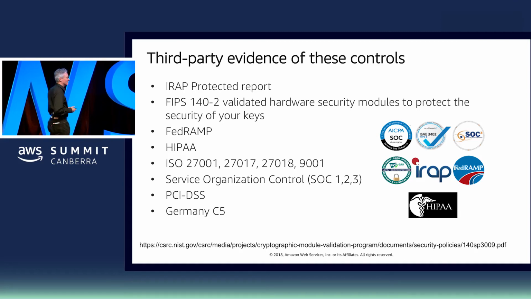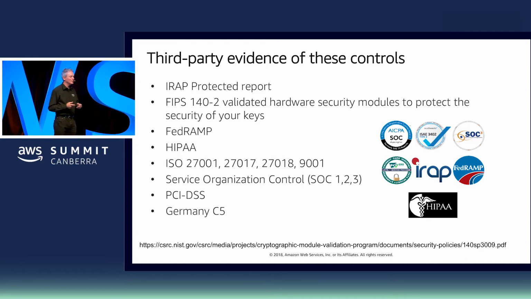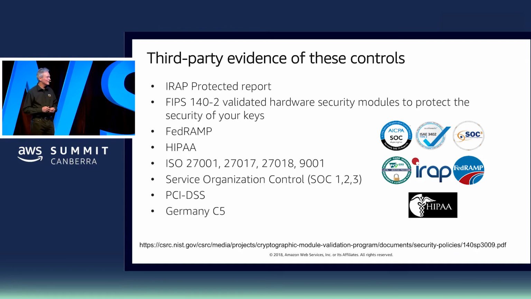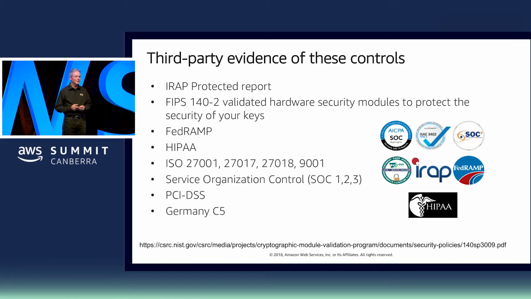Interestingly, it's one of the few examples where you can see a picture of a device that's in one of our data centers, because it actually has a photo of the hardware security module. So if you like seeing photos of stuff, that's a great document to have a look at. Also in the US, the FedRAMP program, which is the equivalent program for the US government for cloud service providers. Again, KMS is in scope, a key service in that.